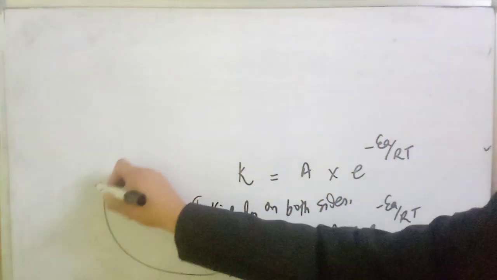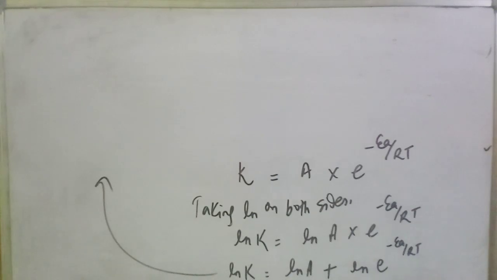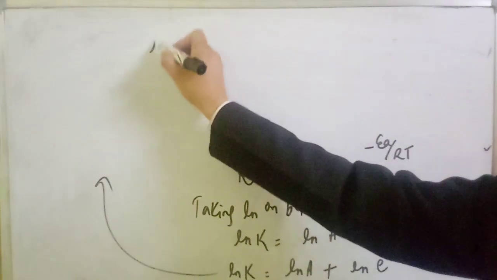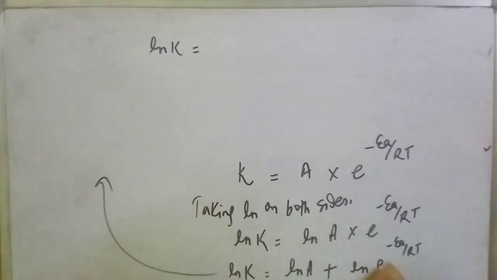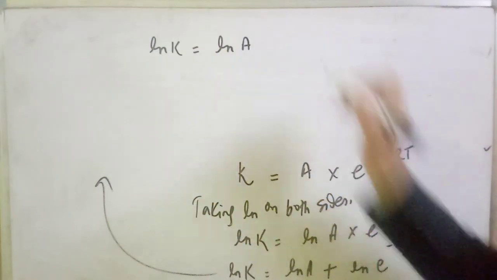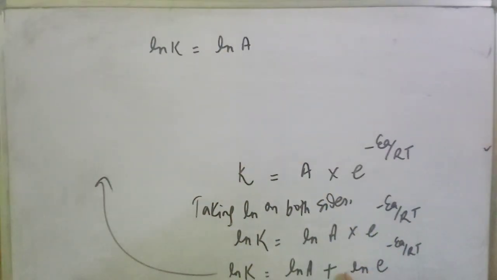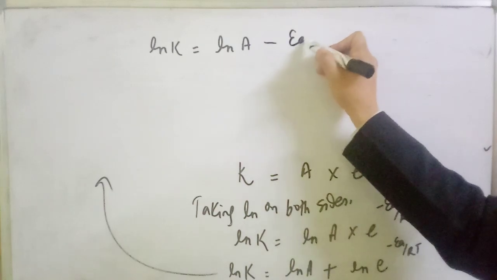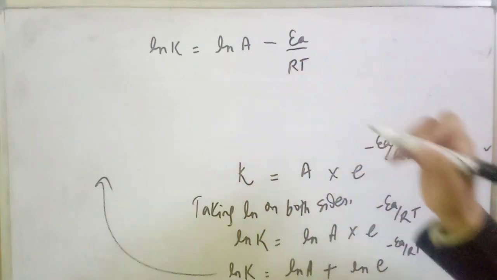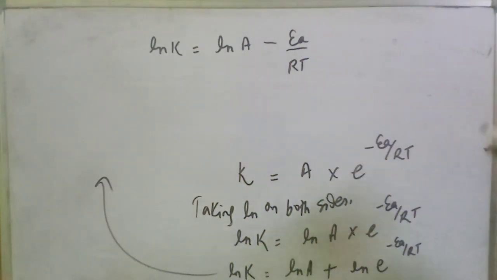Let us see here. This can be written as ln k equals ln A, and this power we can keep on this side, so minus Ea upon RT, and this ln e.